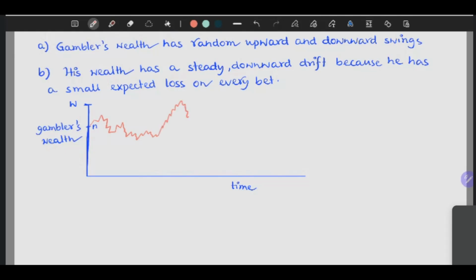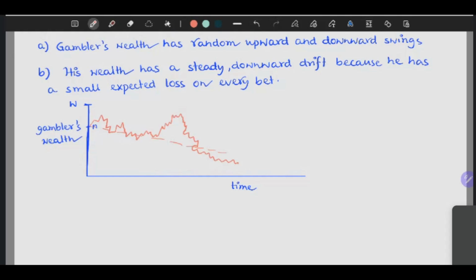Although there is some upward movement, there is always some steady drift.